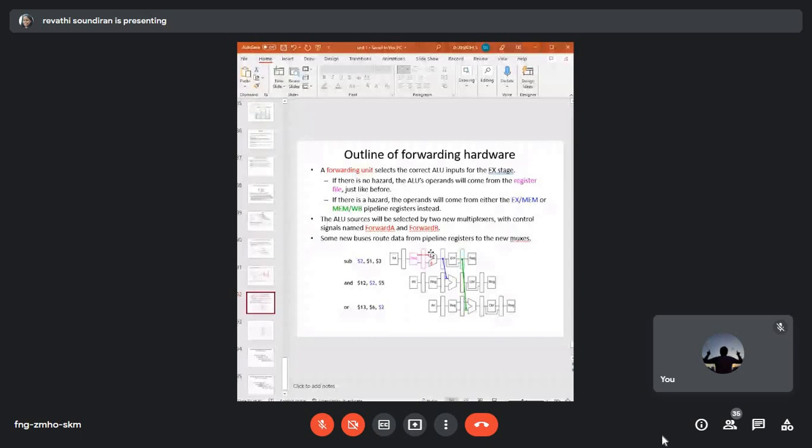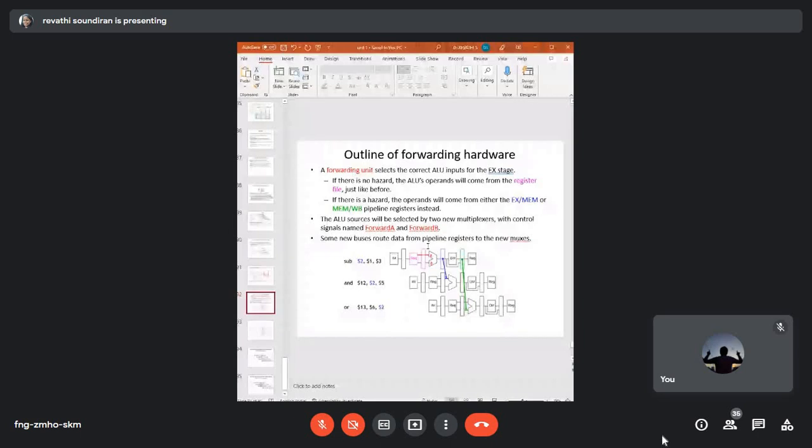If there is no hazard, then normal operation. But if there is a data dependency and there is a data hazard, the operands, the inputs, will come from the pipelining register.